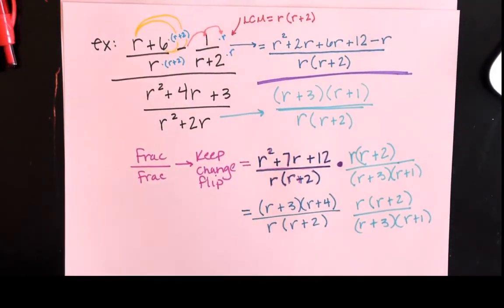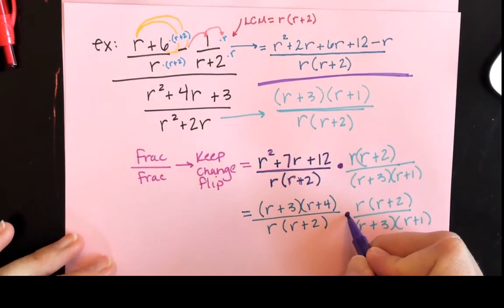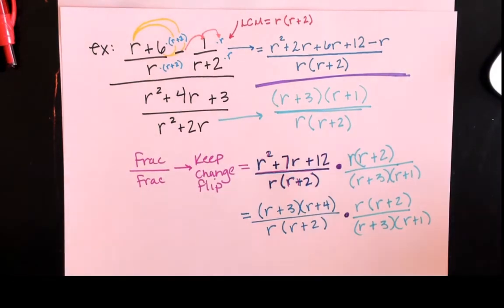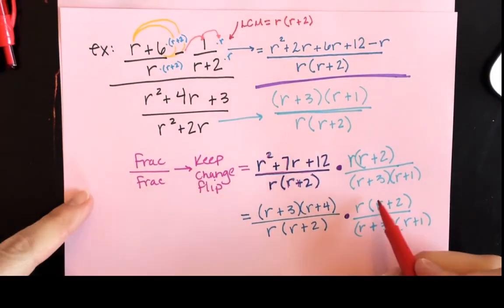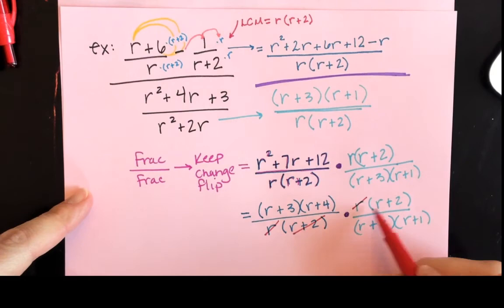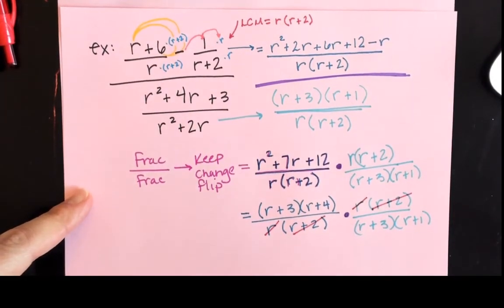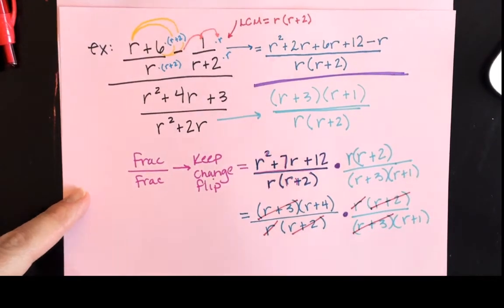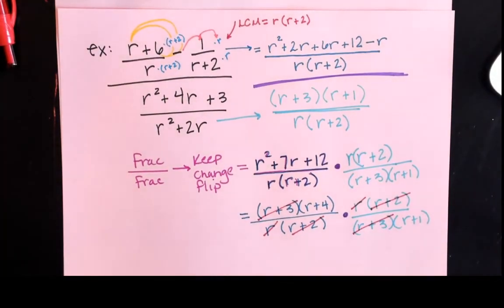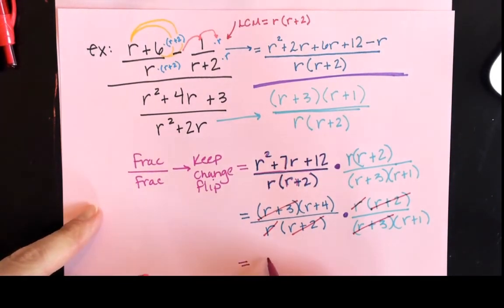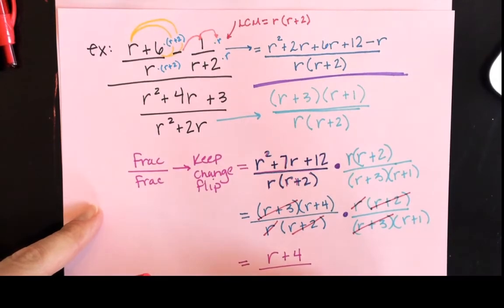And at this point, we're going to cross cancel. So the r's are going to cancel, the r plus 2's are going to cancel, the r plus 3's are going to cancel, and my final answer is just the r plus 4 on top and the r plus 1 on the bottom.